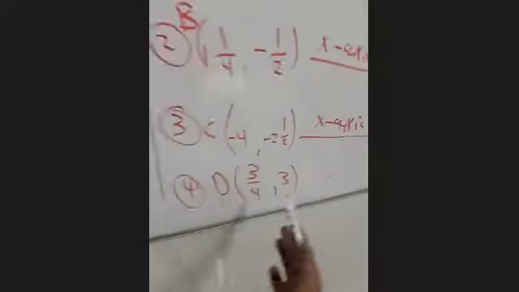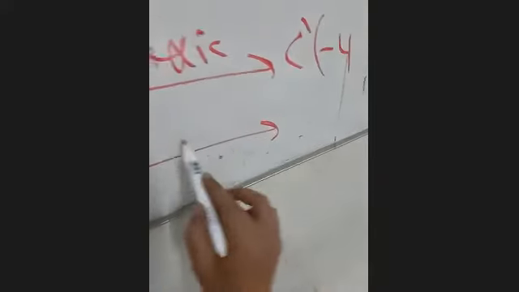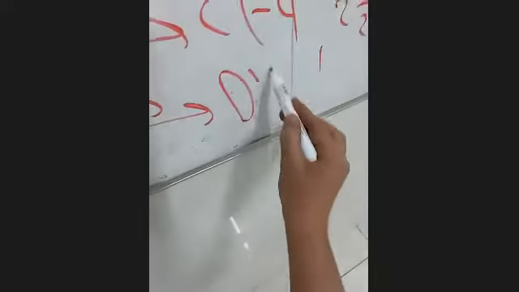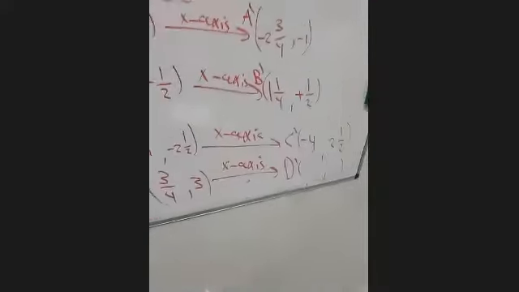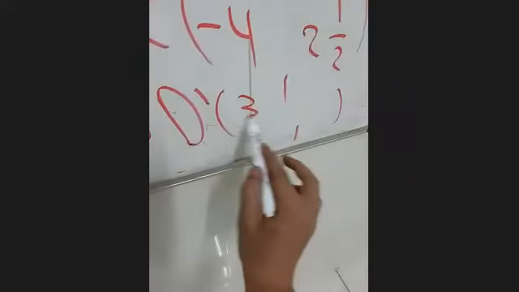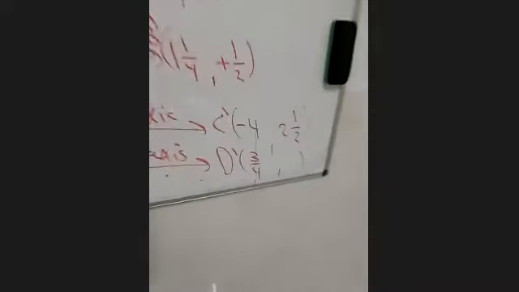First we will put D prime across the x-axis. We will keep 3 over 4, and we will change 3 to make it negative 3. Thank you so much.